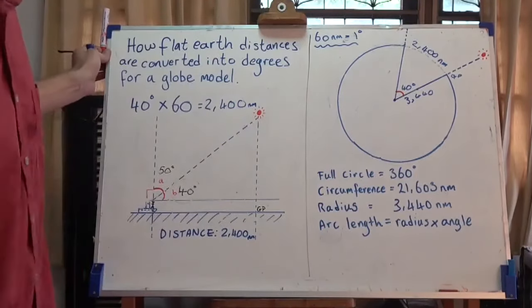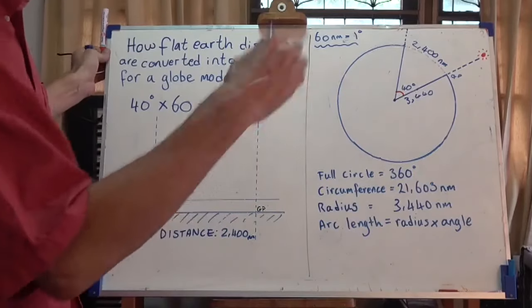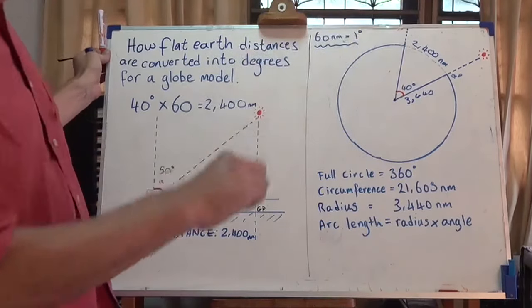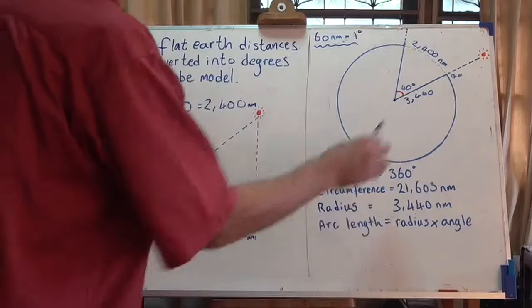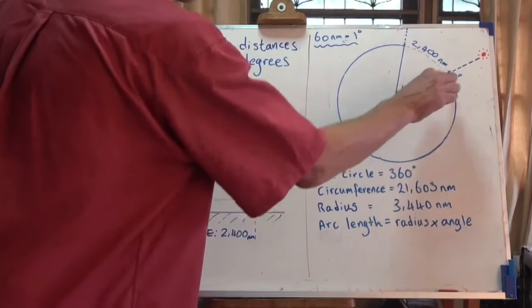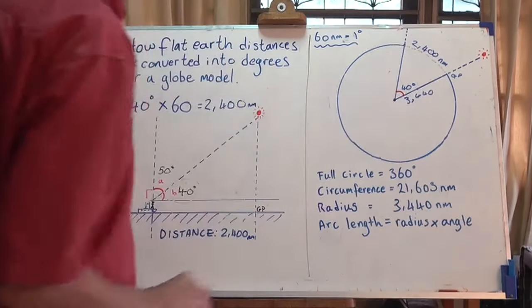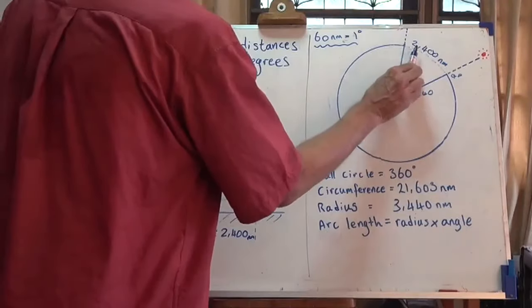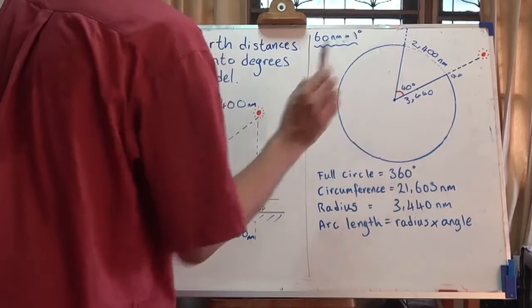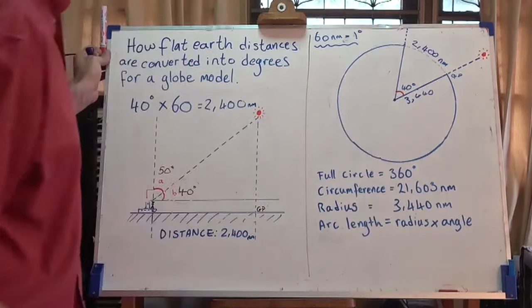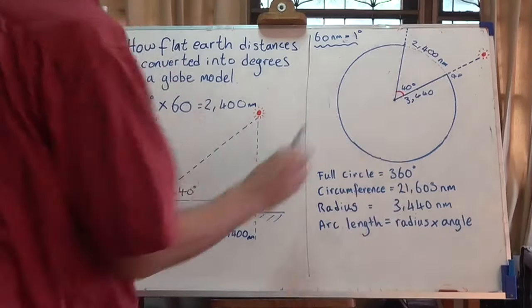So whichever way you want to do the mathematics, knowing that pi times r, or pi times diameter, gives you the circumference, then you're going to arrive at this radius of 3,440 nautical miles to give you 2,400 nautical miles when you have a measurement or a calculation of 40 degrees here.